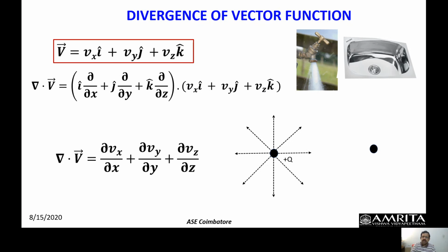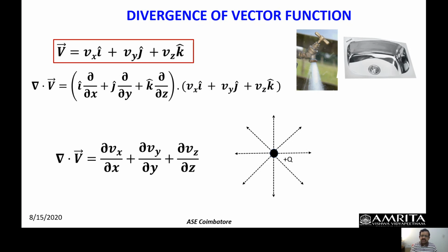Now, this positive charge is a source, because the field is spreading out radially, which means from a point it is spreading out. The divergence essentially conveys the literal meaning. It is just diverging, which means flowing out, spreading out.